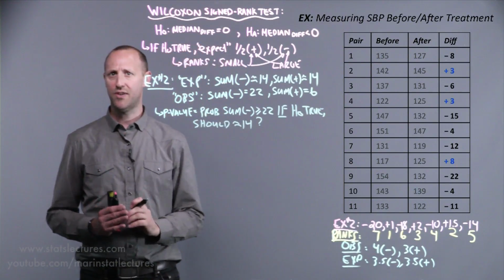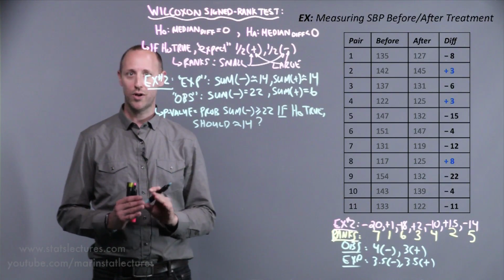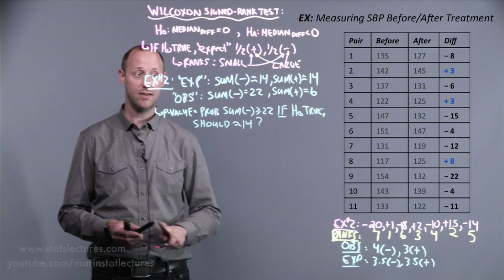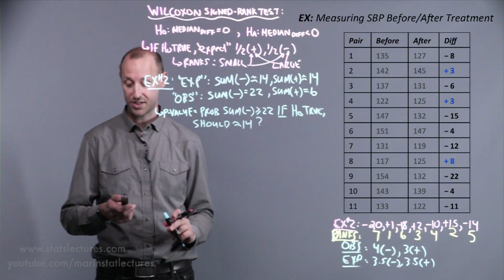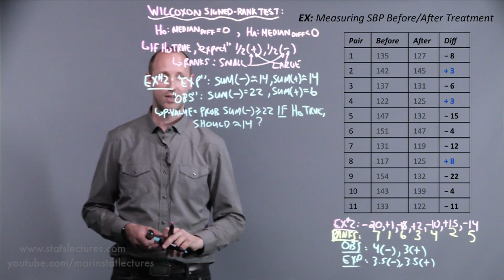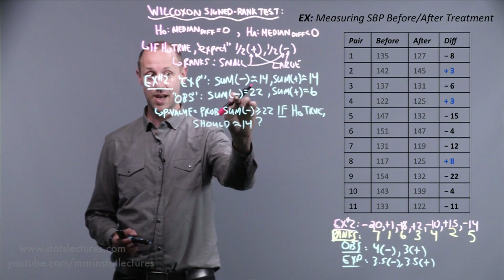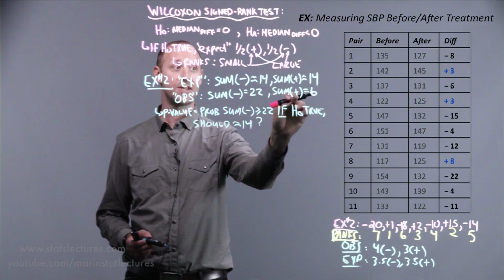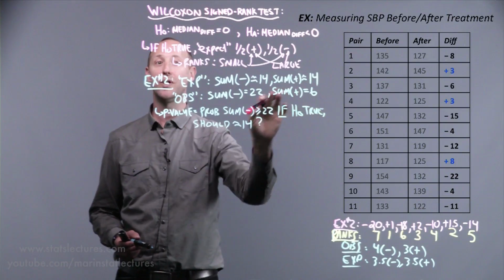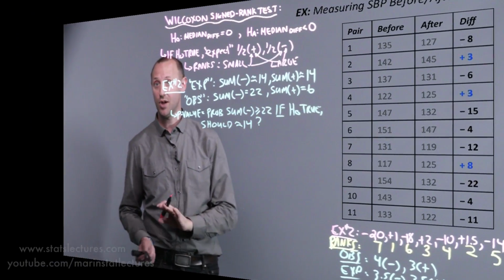And again, there's tables to find those exact values. Let's not worry about the mechanics of it. Okay, let's focus on the concept of what this test is trying to do. Okay, so we can see it's comparing the signs, the decreases and the increases, but also incorporating the ranks. Okay, were the decreases large or small?